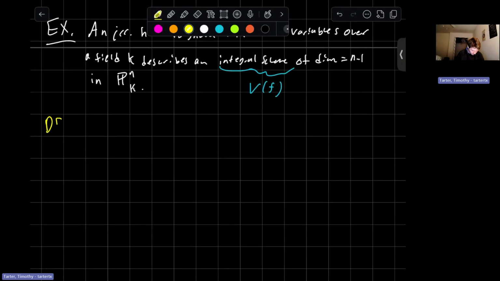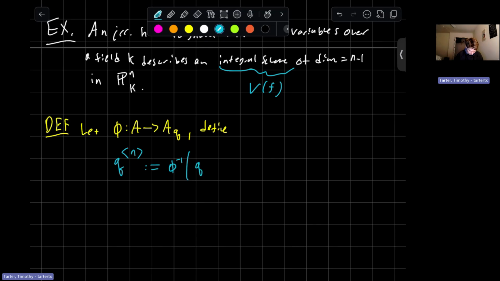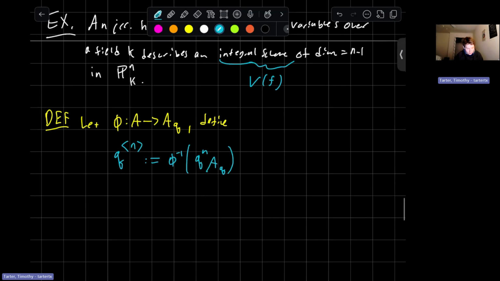So definition, symbolic power. Let phi be the map from a ring A to A localized at Q. Define Q to the N to be phi inverse of Q to the N A_Q.